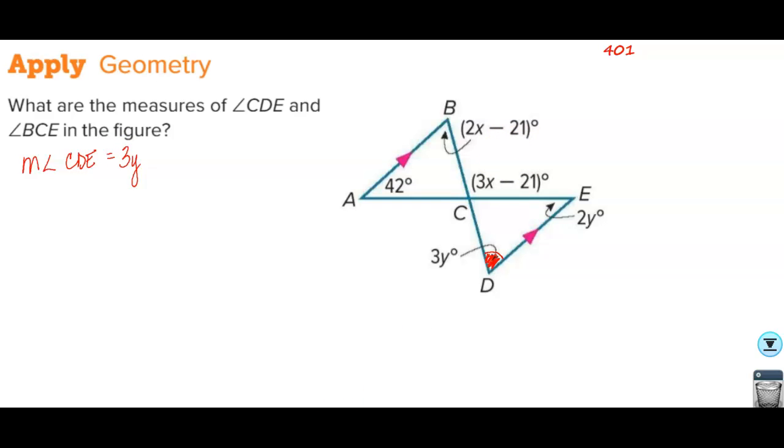The other one that they want us to find is the measure of angle BCE. So that would be this one right here, the blue angle. And we know the measure of angle BCE is equal to 3x minus 21. Okay? Well, here's what we know.